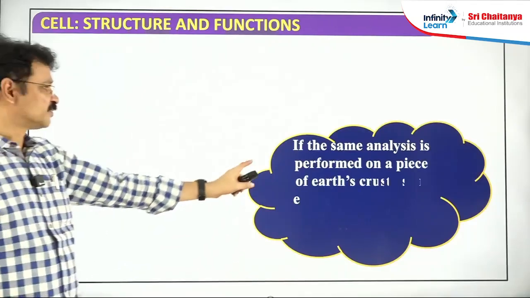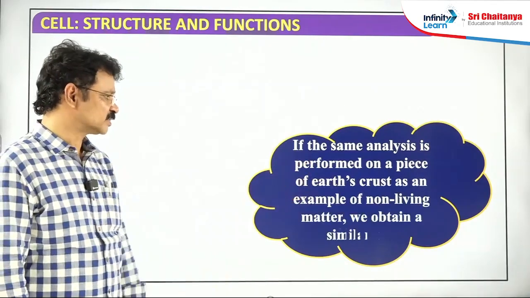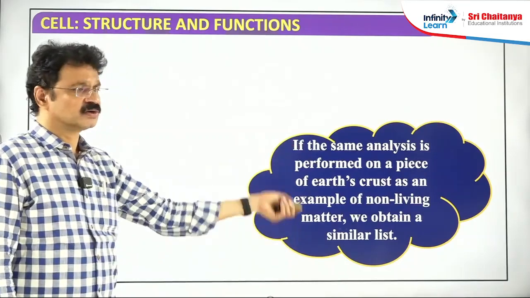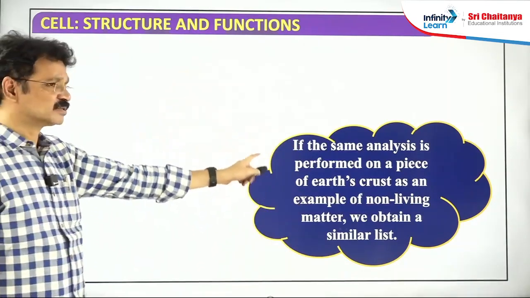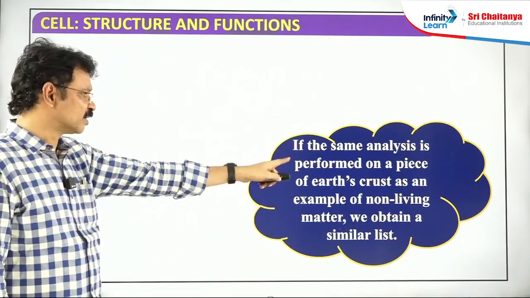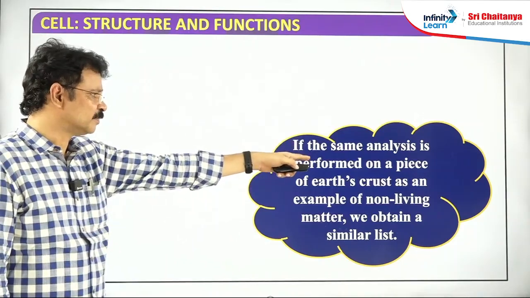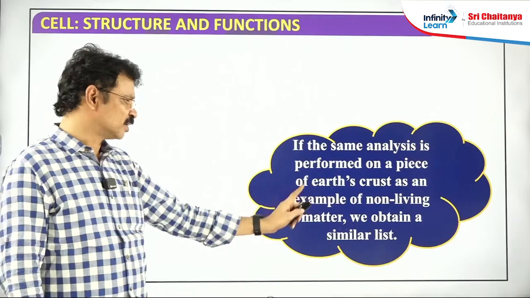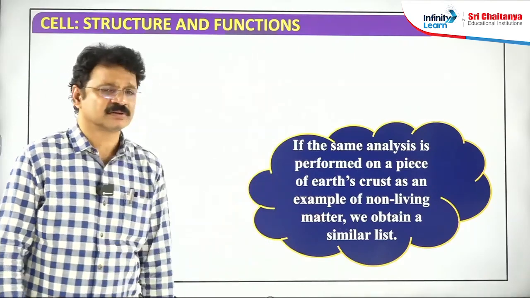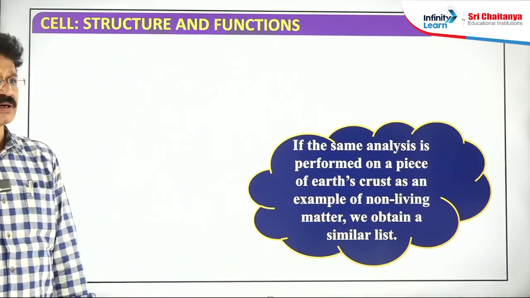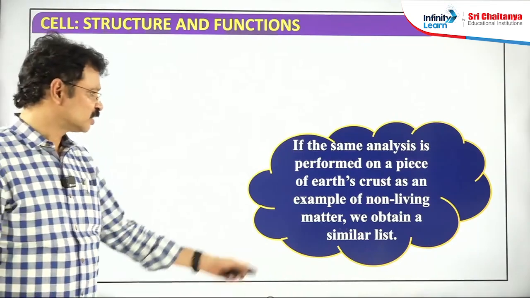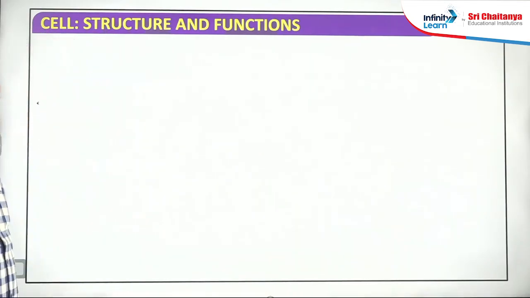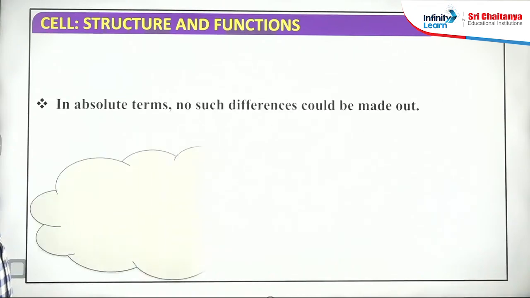If the same analysis is performed on a piece of earth crust, as an example of non-living matter, we obtain a similar list, just as you learned from this table. So, this statement is also right. The list of chemical compounds of the human body is similar to the list of chemical compounds of the earth crust, but proportionality or quantity is different.